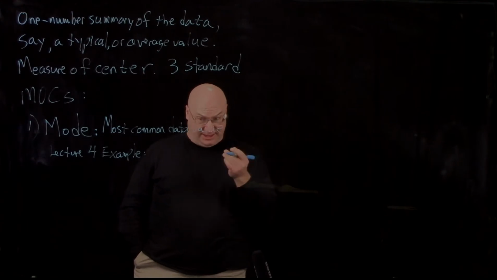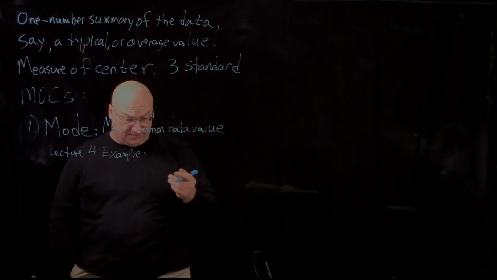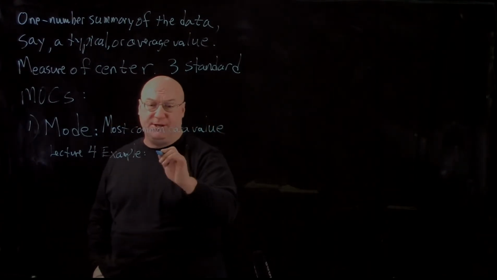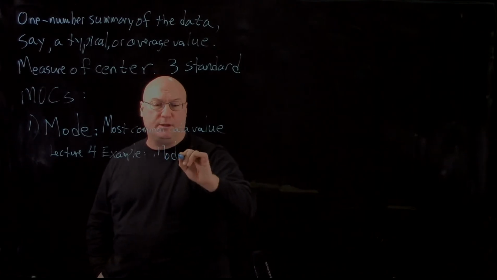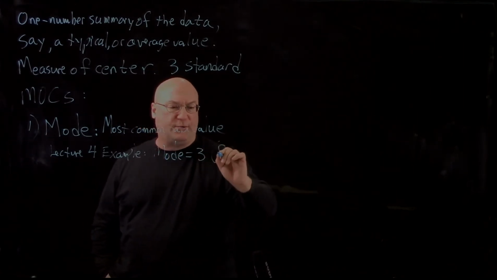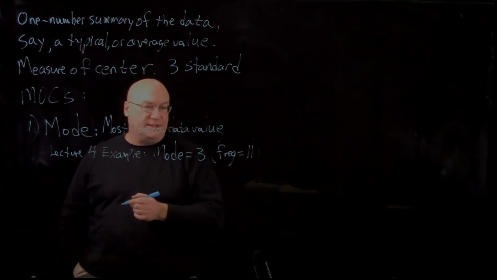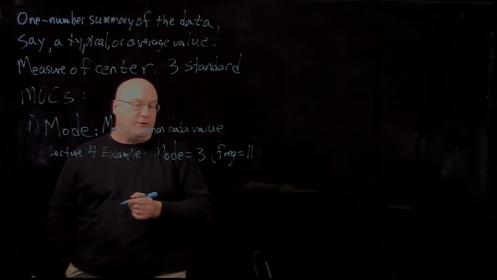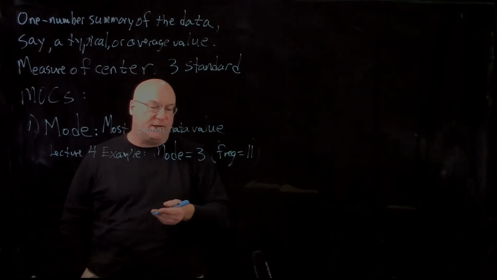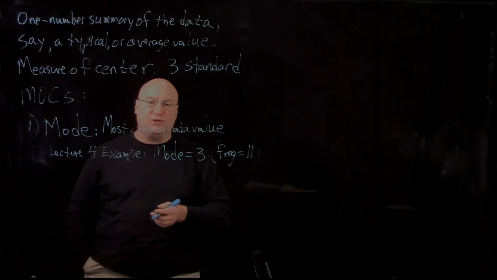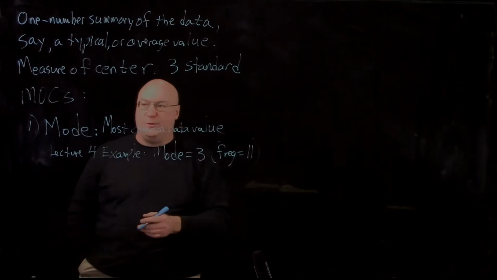So I'm looking for the class with the highest frequency, and that's 3. The mode equals 3 because its frequency was 11. Likewise, its relative frequency was 0.44. That's the biggest relative frequency. That's another way to look at it. The value that has the largest relative frequency will be the mode.